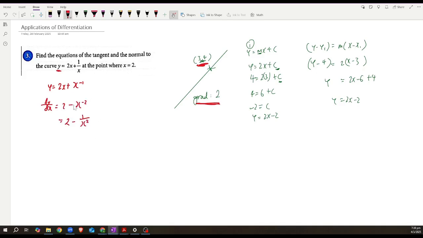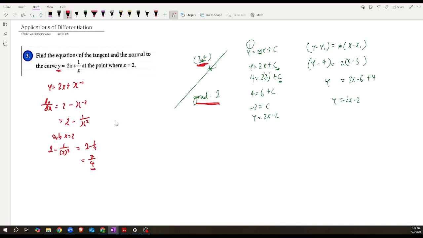To find the gradient of the curve at this point, we sub x equals 2 into our dy/dx. So you get 2 minus 1 over 2 squared, which is 2 minus 1 quarter, which is 1 and 3 quarters, or 7 over 4. So at the point where x equals 2, our gradient is 7 over 4.